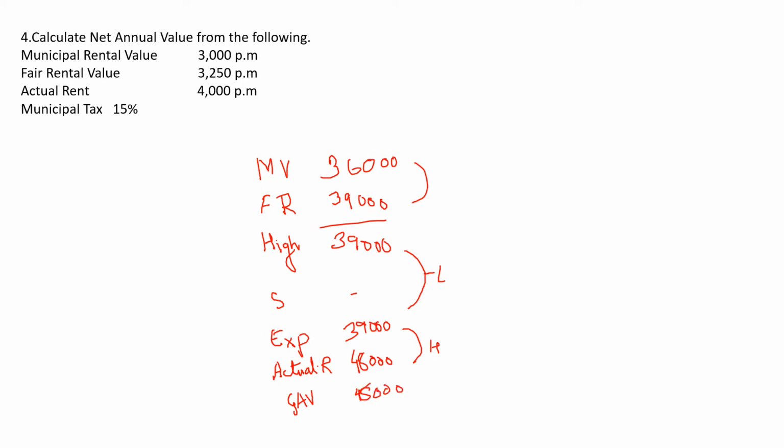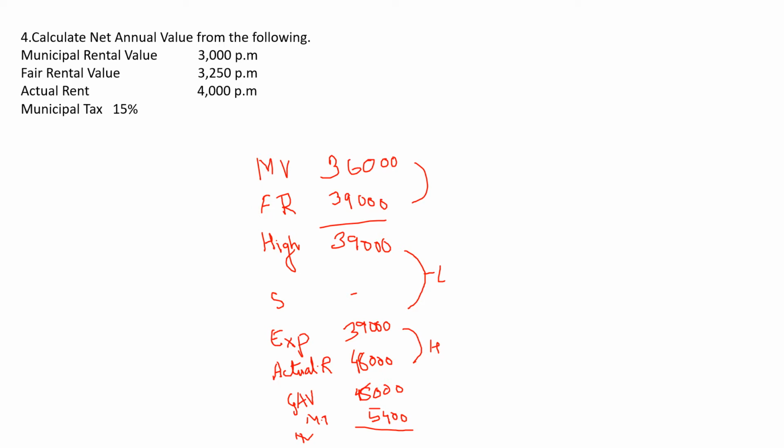Okay. So we are also being given the municipal tax, and municipal tax is being provided on municipal value. 15% of municipal value will be how much? 15% of 36,000 comes to be 5,400. That is the municipal tax. Yes. So we get the net annual value.